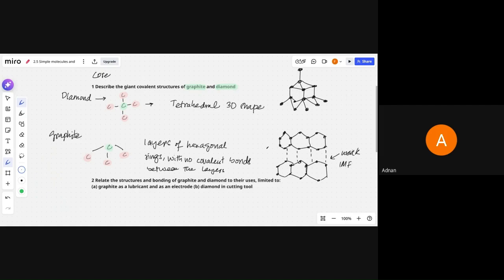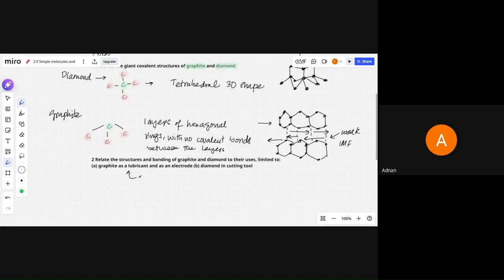So when a force is applied, these layers can slide, and this makes graphite a lubricant. Since the layers are connected by weak intermolecular forces, they can slide over each other, resulting in graphite being soft. So this is what you need to know.